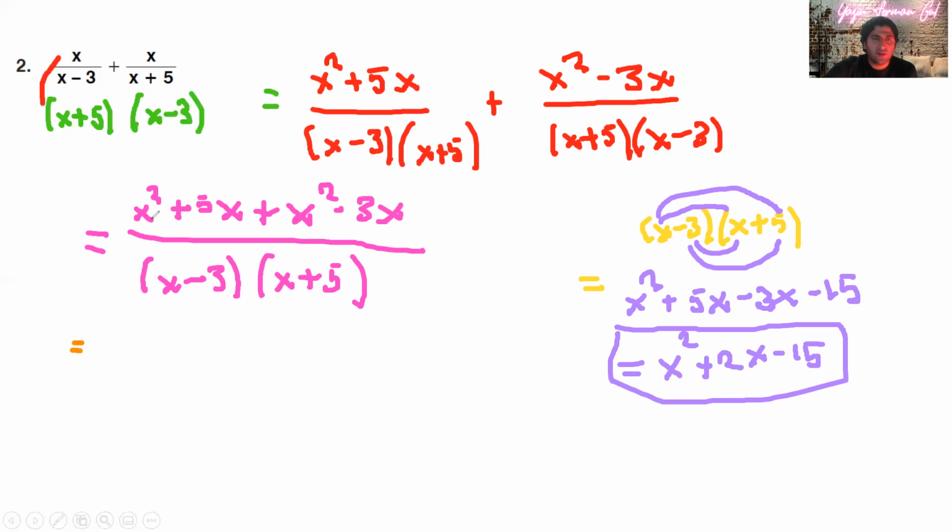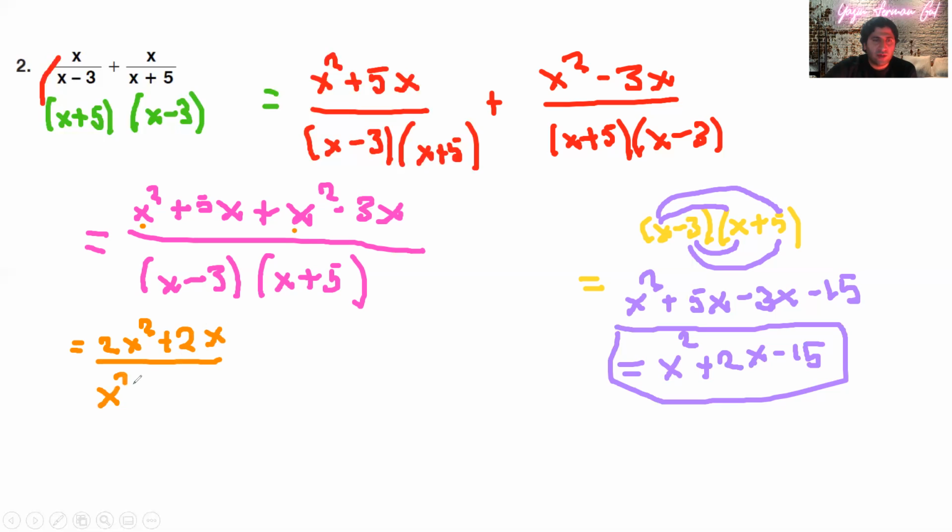Equals, I said x squared plus x squared, that will be 2x squared, right? Then 5x minus 3x will be 2x, plus 2x over, what have we at the bottom?